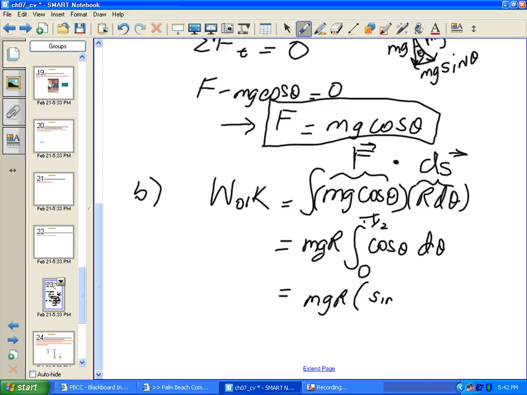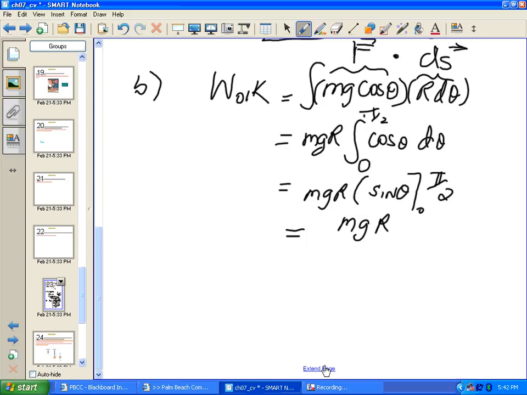So sine theta from 0 to pi over 2, of course, gives us 1. And so the solution becomes mgr. So for some given value of m, g 9.8, and r, the radius of the semicircle, we can determine the amount of work which is done by this force.